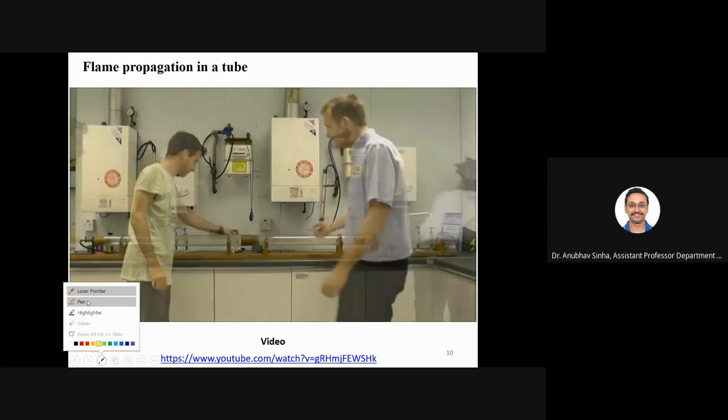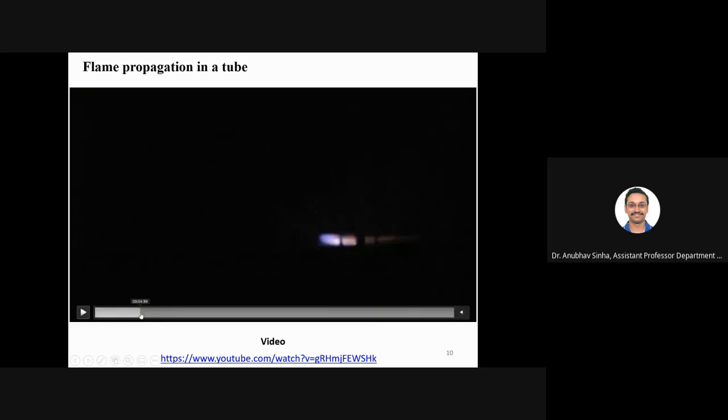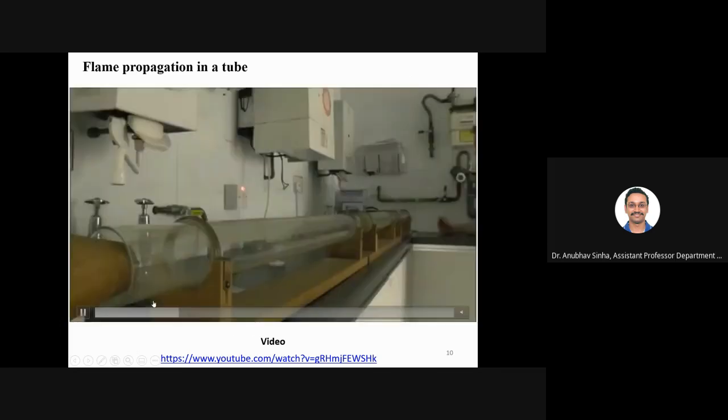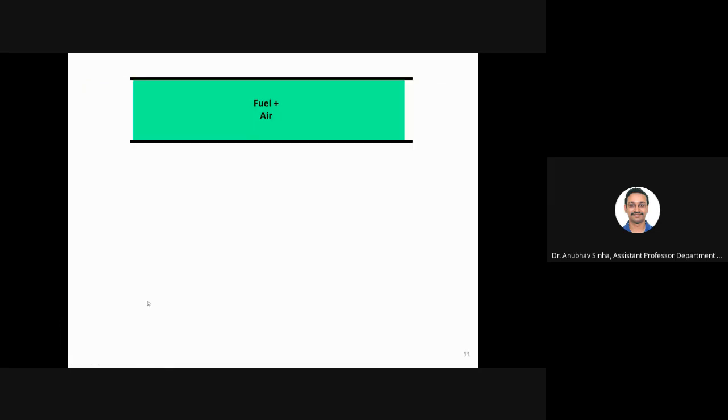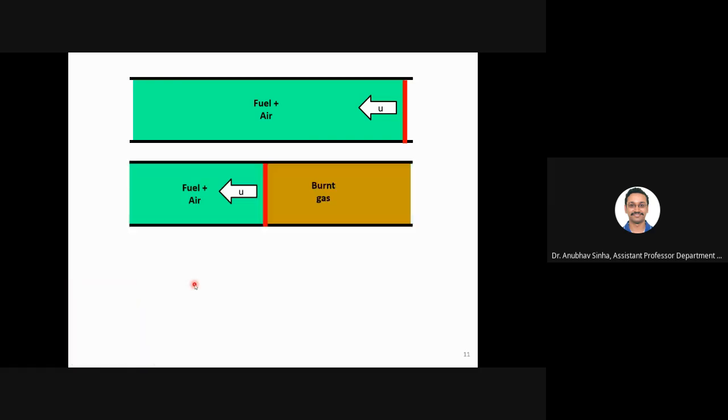Let me repeat this. If you see, it is curved, right? Because of gravity, because of buoyancy, and a lot of factors. But to keep our analysis simple, I will say that you have a simple planar flame front. Now what will happen?